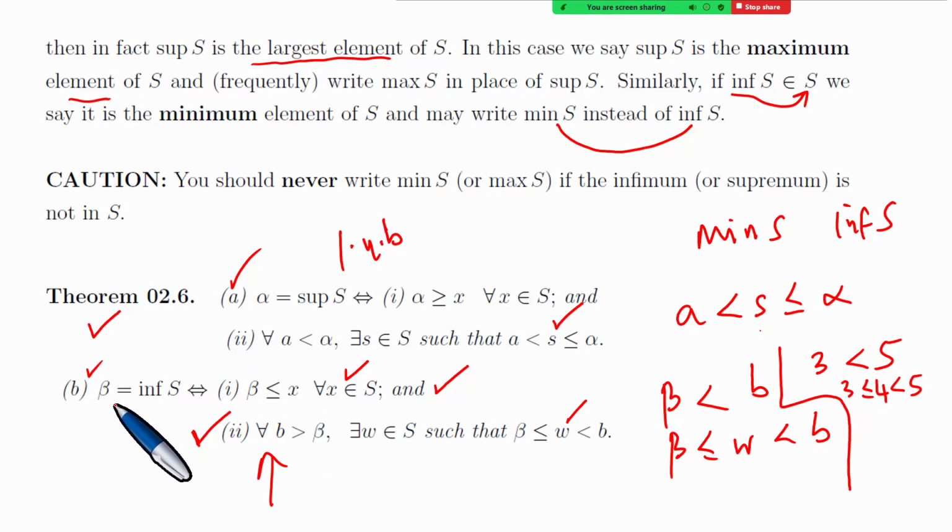If you take beta to be the infimum, what is the infimum? It is the greatest lower bound of the set S. So beta is the greatest lower bound, called the infimum, if and only if beta is smaller than every element of S. It is a lower bound, but it is the greatest one, because we choose it such that it is smaller than everything in S, yet the greatest.